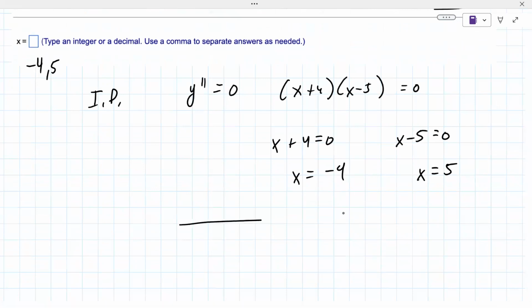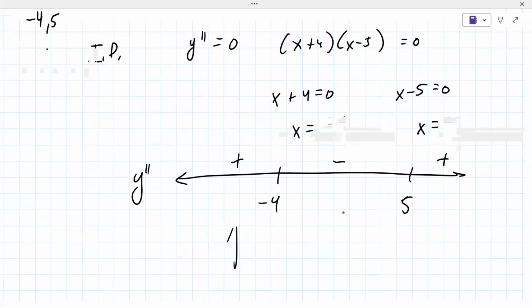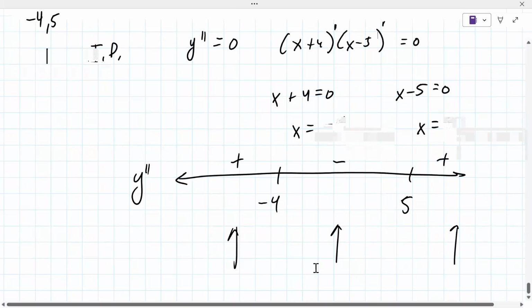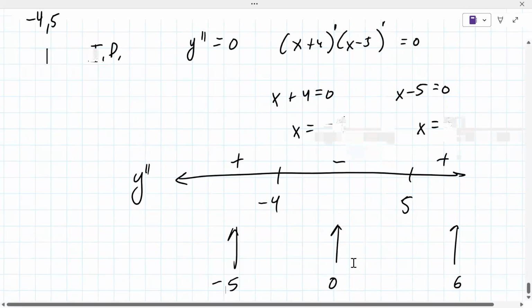You are supposed to do what's called a sign chart and check that it works. But you will find that it does when you check test points in between. I can tell you that ahead of time because the powers of these are 1. If you test 0, 6, or -5, you'll get a positive sign, a negative sign, and a positive sign.